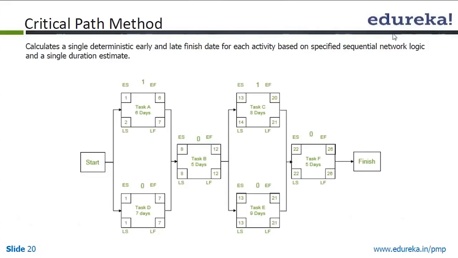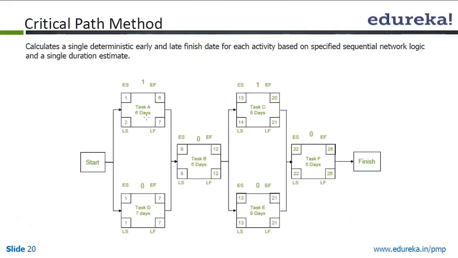Now how do we calculate that? We first do a forward pass, and in the forward pass we take the early start and early finish. So the early start for the first activity is 1 day. As both the activities can start on the same day, we put 1 as the early start for both. 6 days is the duration of the task, so we add 6 to the early start and minus 1 to come to the early finish.